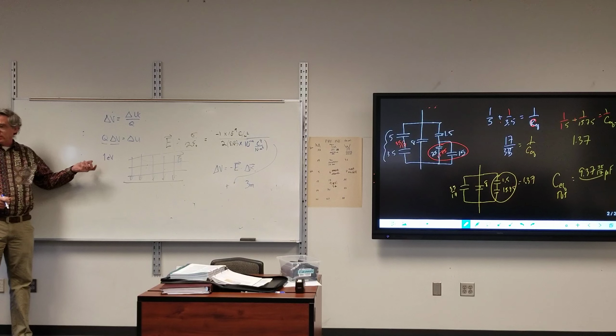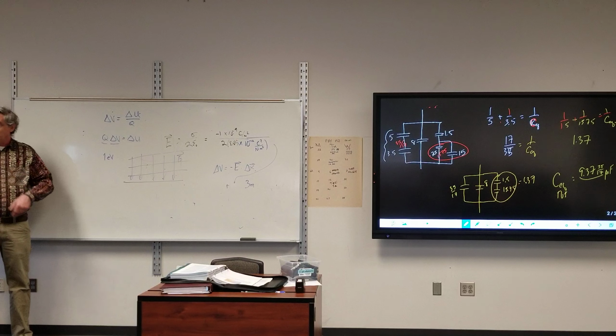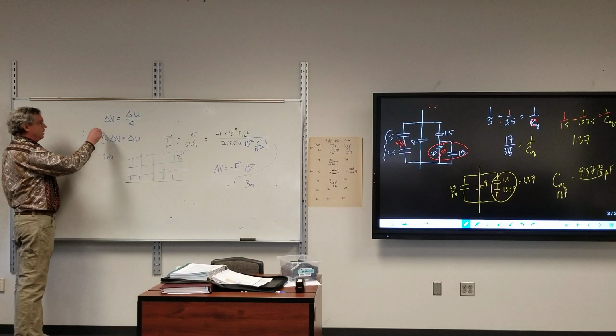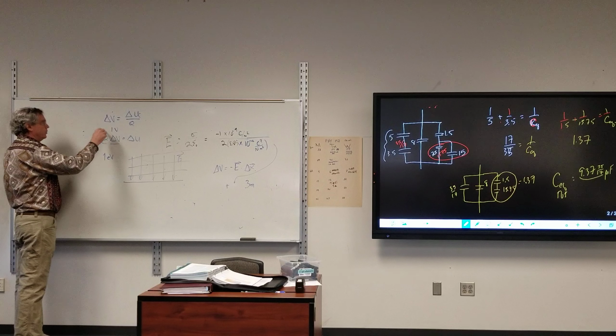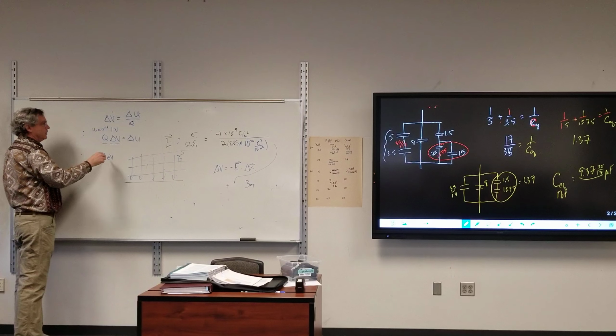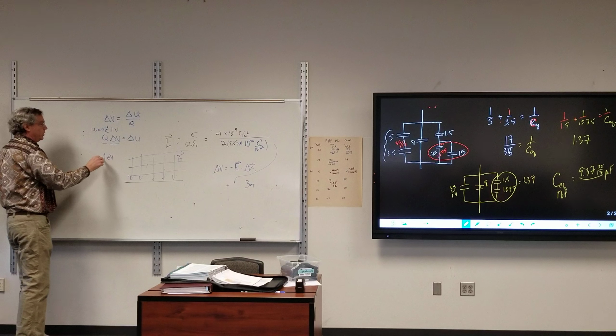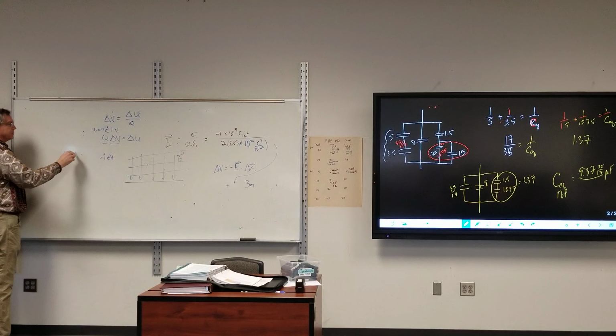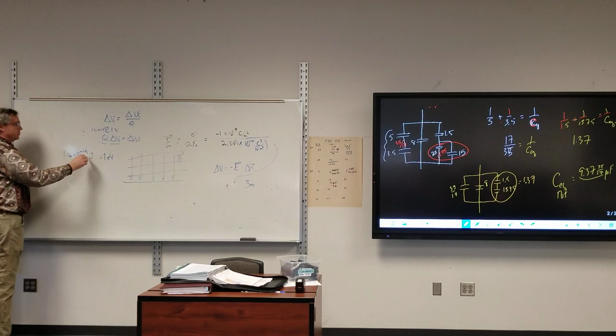So that would be 1 electron volt. If you want to put it in terms of joules, that's still 1 volt. The charge is 1.6 times 10 to the negative 19th coulombs, and so 1 electron volt is 1.6 times 10 to the negative 19th joules.